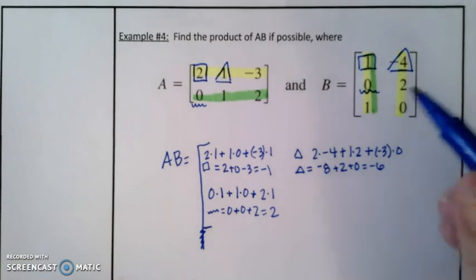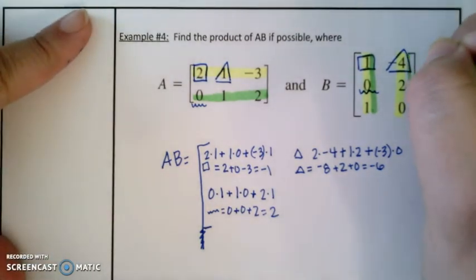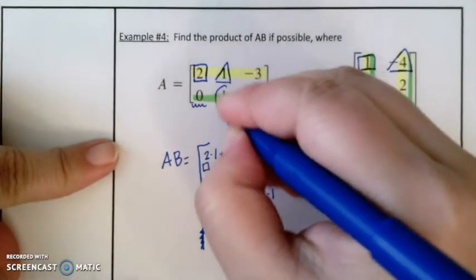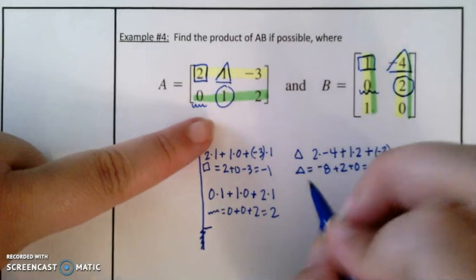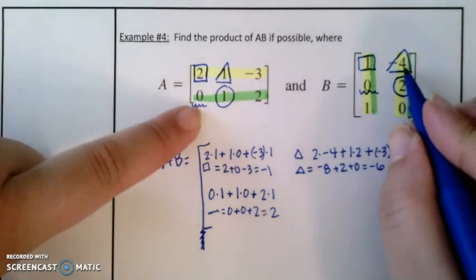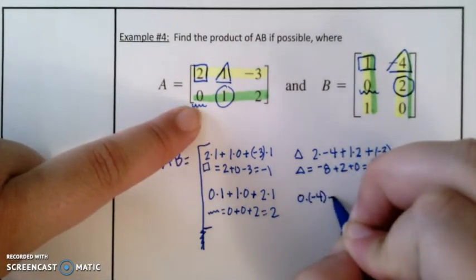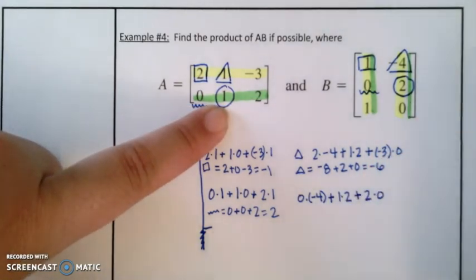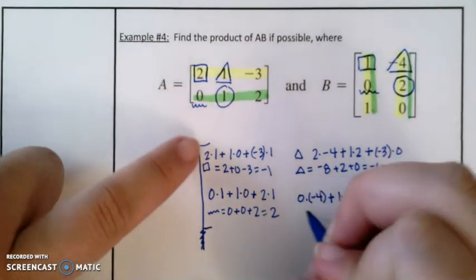Okay, and then my last element, second column, second row, and we'll do a circle. Okay, so I have 0 times negative 4 plus 1 times 2 plus 2 times 0. So this, then this, and this, and they're all being added up.